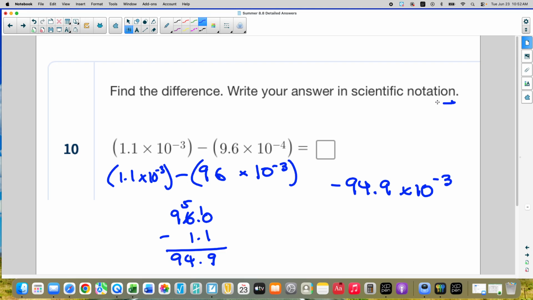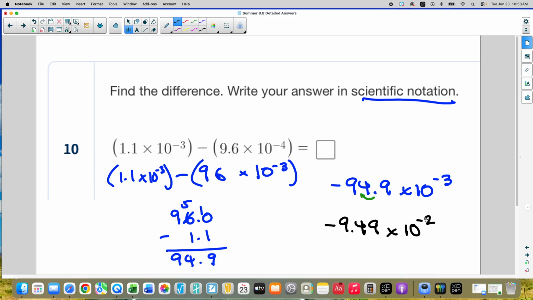And now it says write it in scientific notation, so I still got to move this, and that's going to give me negative 9.49 times 10 to the, now I made it smaller. So where did the bigness go? I needed to put the bigness here. This is small, so I need to make it a little bit bigger.